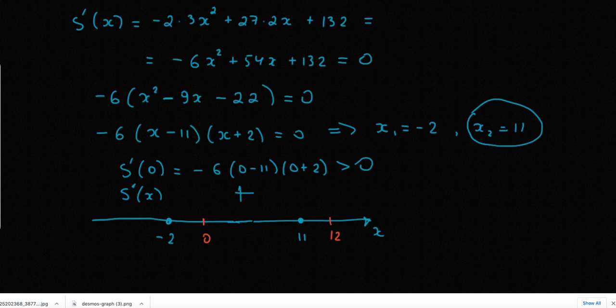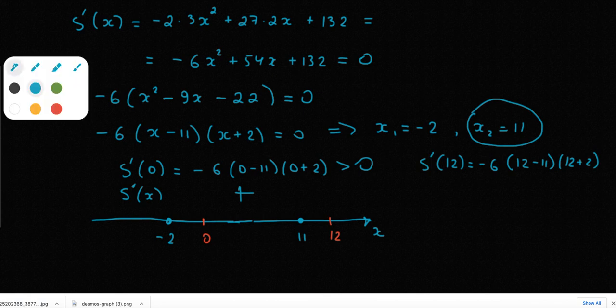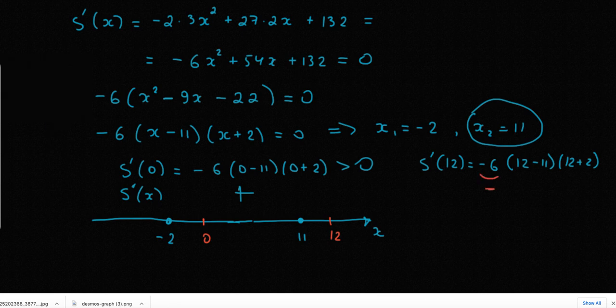And if we plug in x equals 12 into our derivative, we will get that that value equals negative 6 times (12 minus 11) times (12 plus 2). Again, I will not bother calculating the number itself. I'm just going to look for whether it is positive or negative. And we'll see that the first factor here is negative, second positive, and the third is positive.